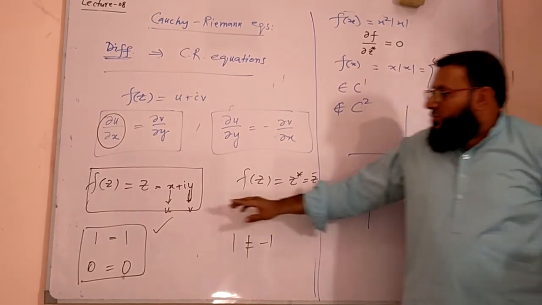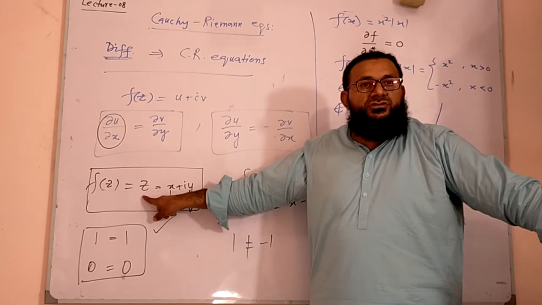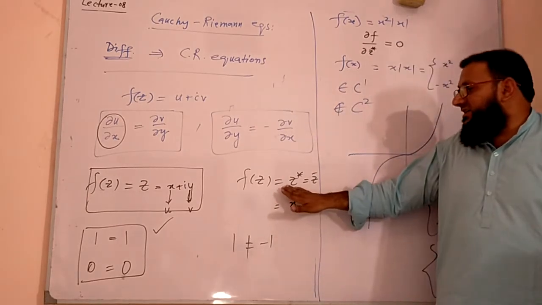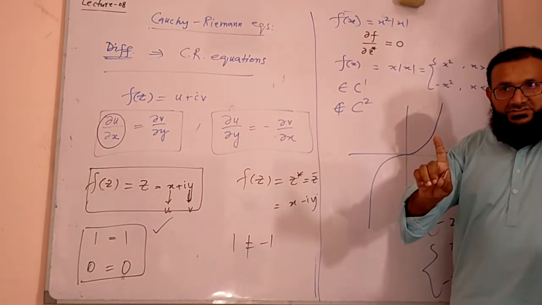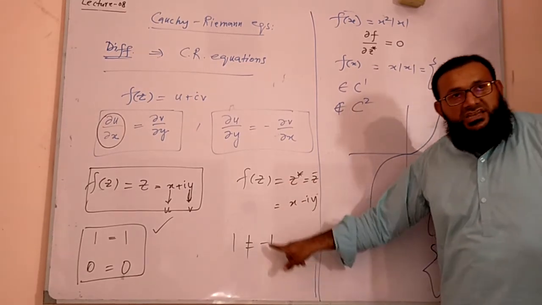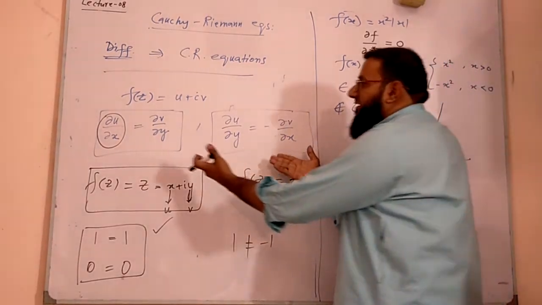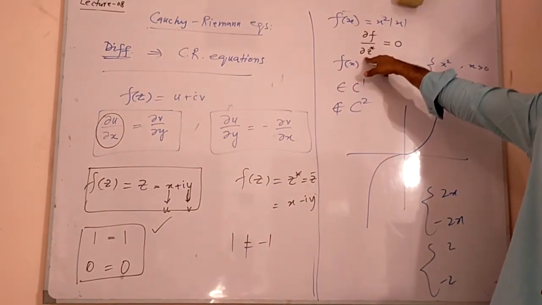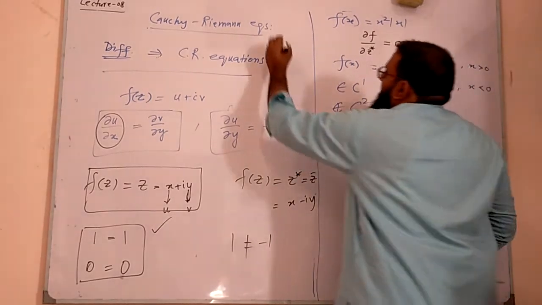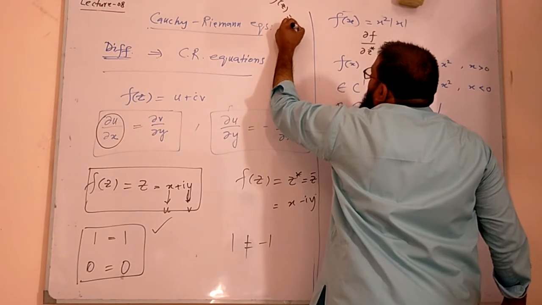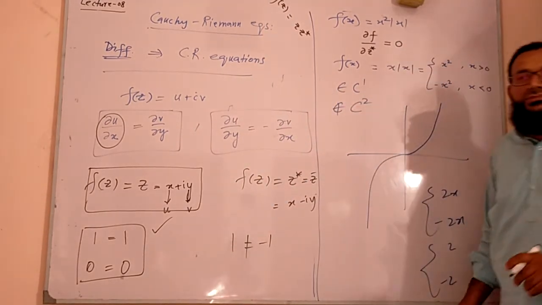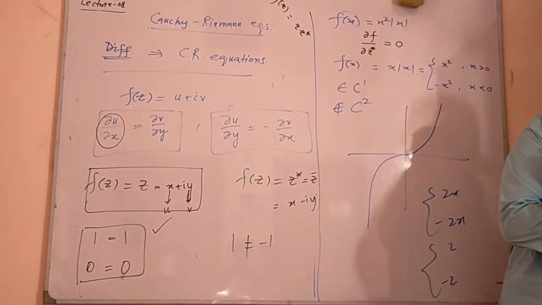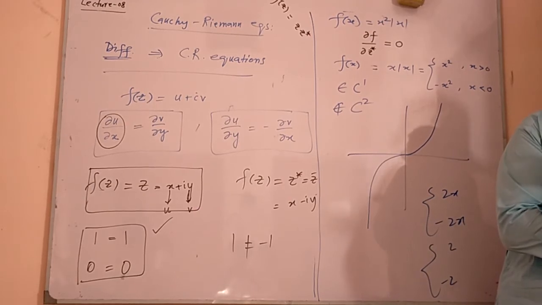What is the derivative of this one with respect to z conjugate? There is no z conjugate, so the derivative is 0. What is the derivative of this one with respect to z conjugate? 1. So this is not equal to 0, and CR equations are not satisfied. So the other form for CR equations is very short, and we can check this easily. If I ask you whether c times z conjugate is differentiable or not, there is a term like z conjugate, so it is not differentiable. You are not supposed to check anything. You can directly say whether it is differentiable.